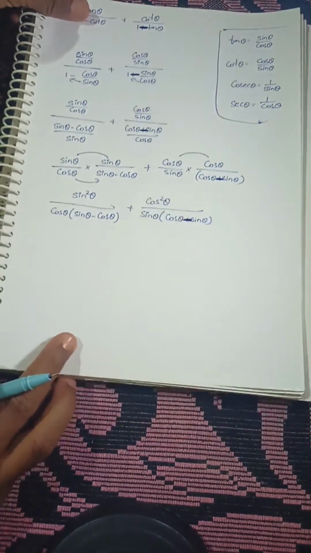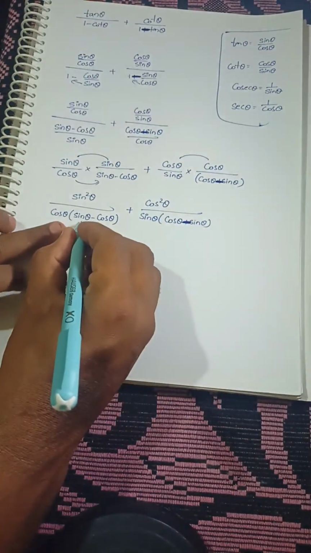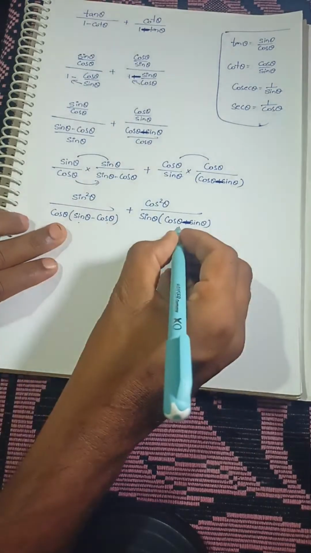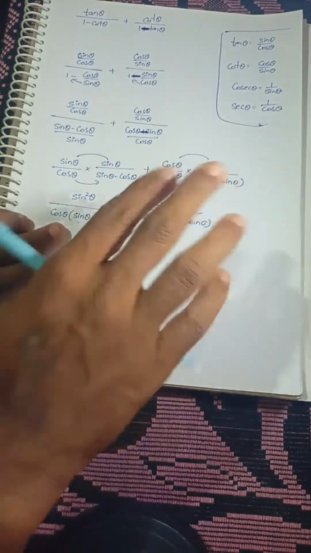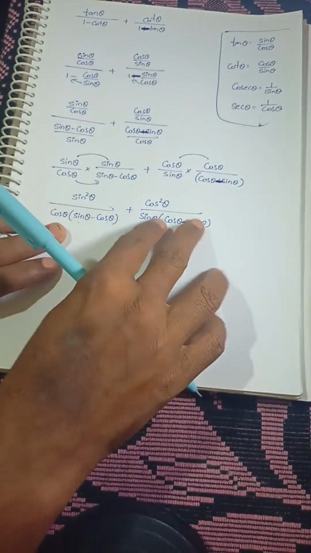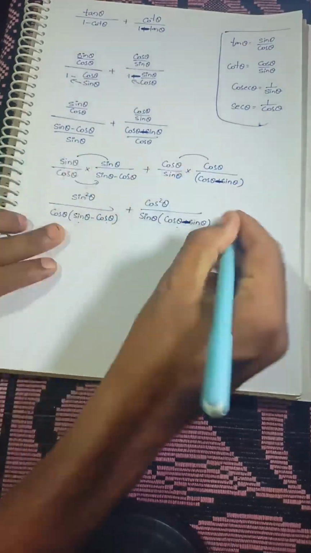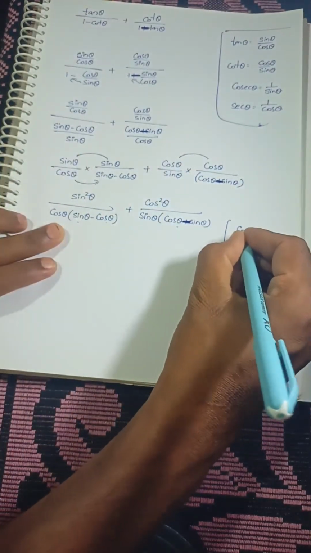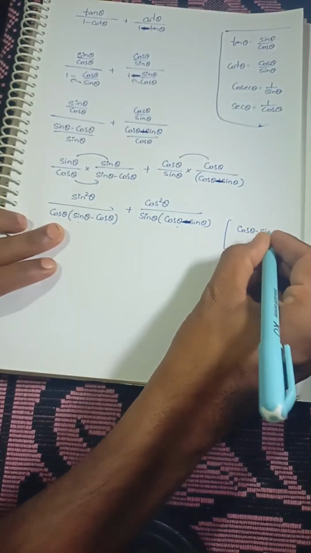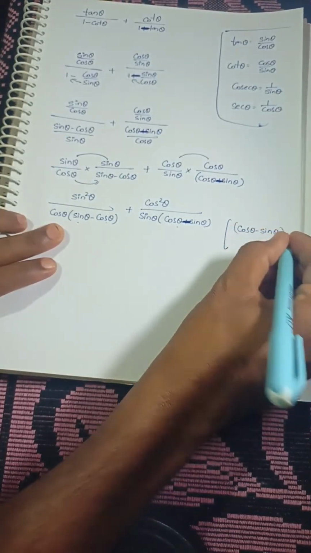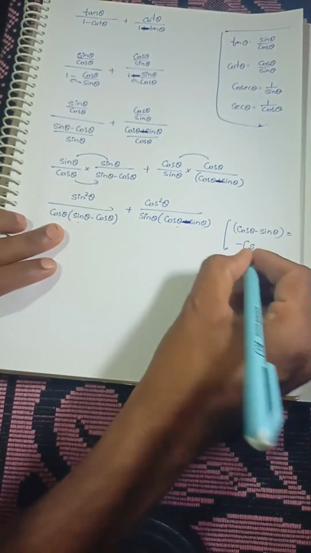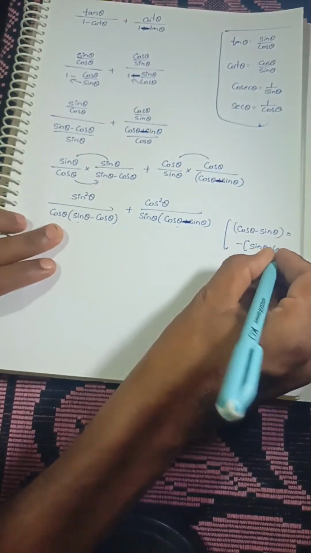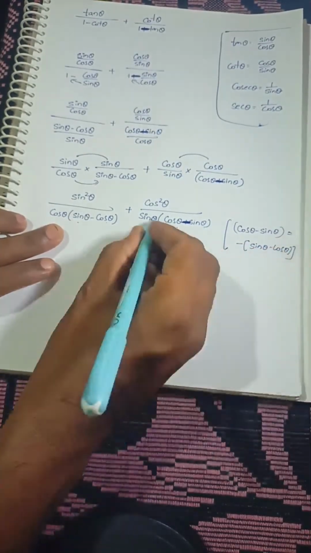Okay. Now see. This is sin theta minus cos theta. This is cos theta minus sin theta. So if we do reciprocal, if I change the value cos theta minus sin theta, you will get minus of sin theta minus cos theta. We are changing the value.